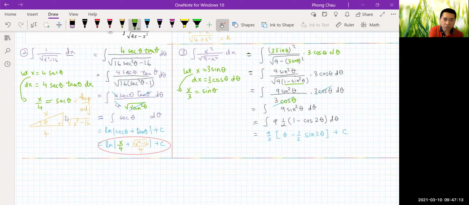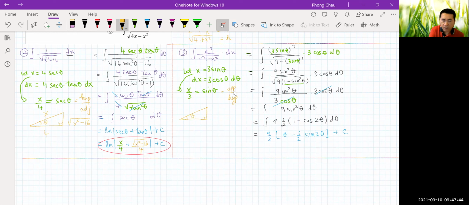And then from here, of course, I can construct the right triangle. It's the same way we did before. Think of sine of theta as opposite over hypotenuse. So we use that information to construct the right triangle. Here's your theta.